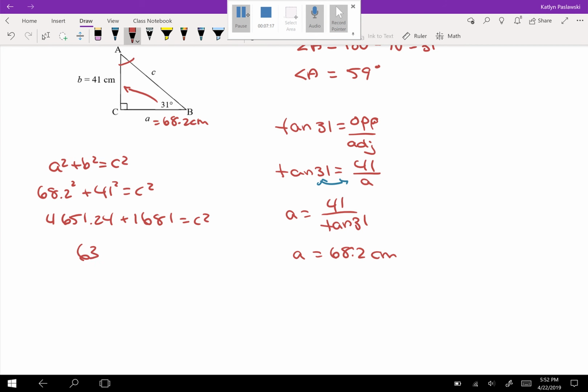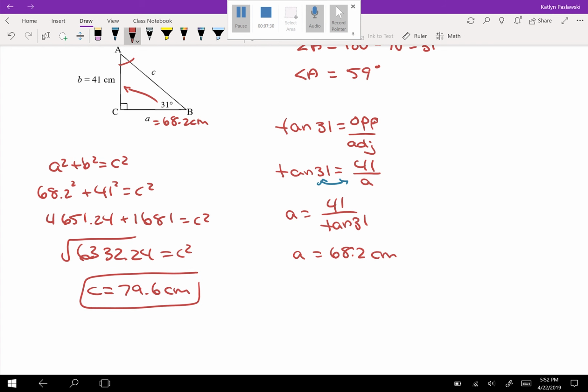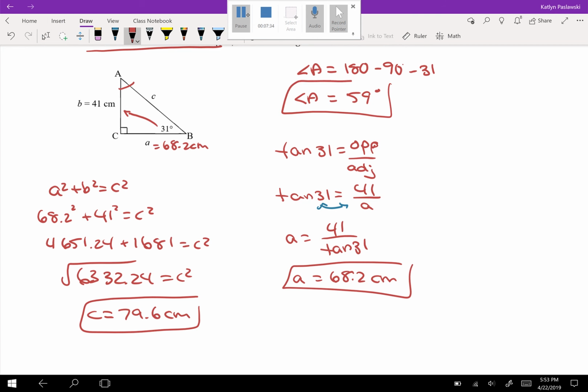I have 6,332.24 as my value of C squared, so I take the square root of that. The length of C is 79.6 centimeters. We have now solved for all the missing angles and the missing sides.